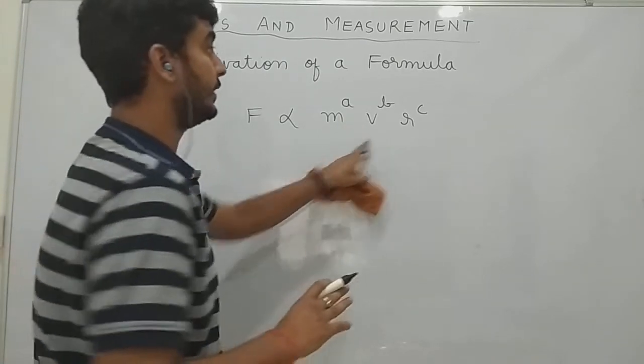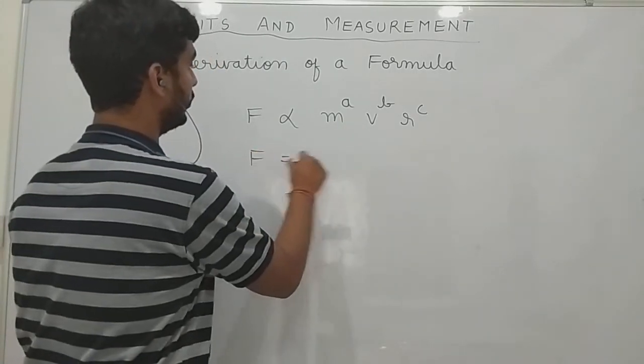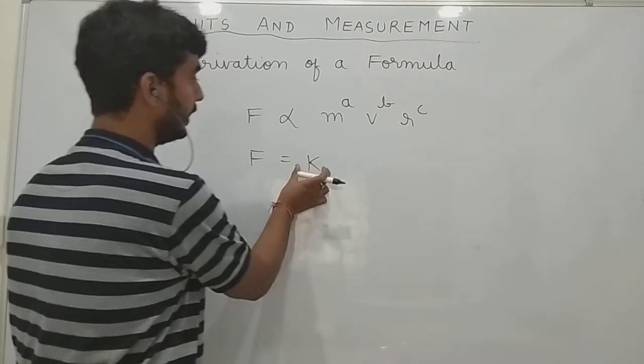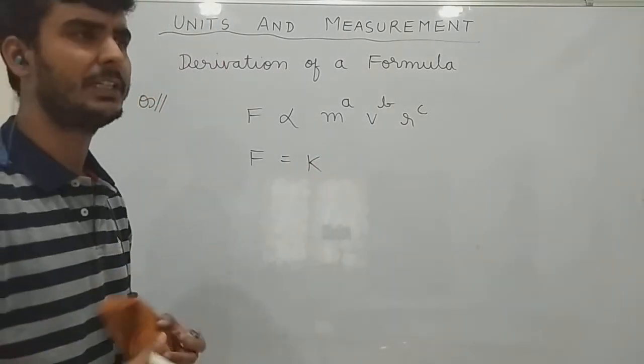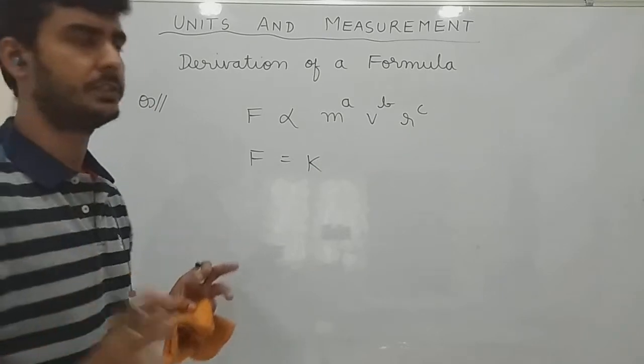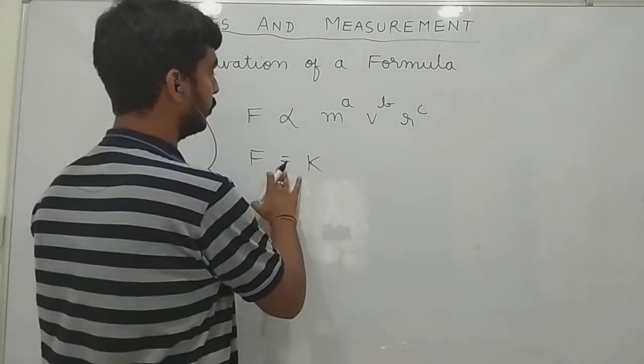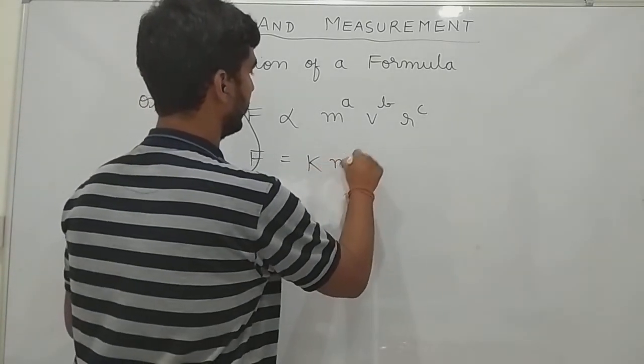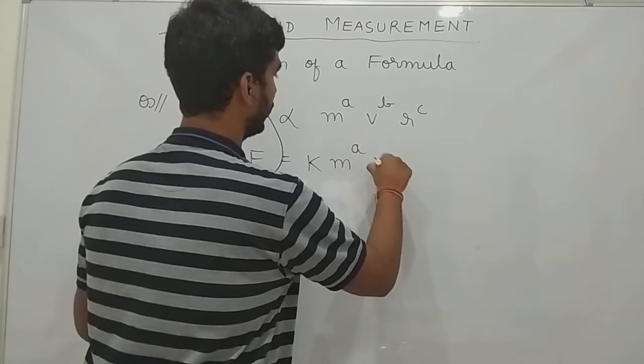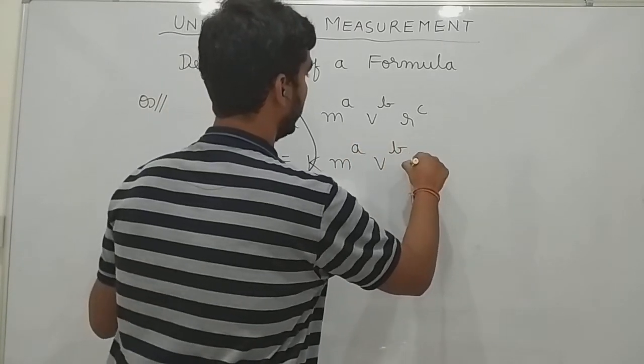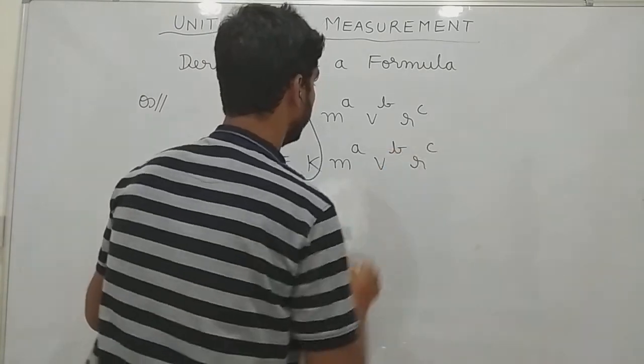Now this is a relation, so we will convert it into a mathematical equation. We will introduce a proportionality constant, which is a dimensionless constant. So centripetal force is equal to K into mass raised to the power A, velocity raised to the power B and radius raised to the power C.